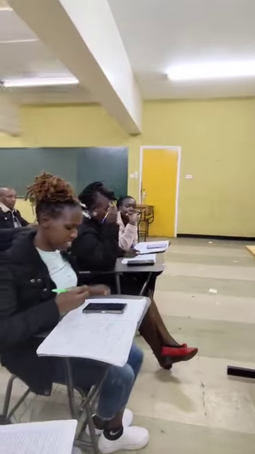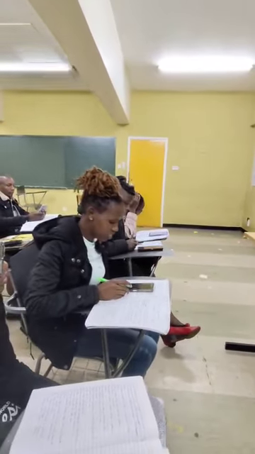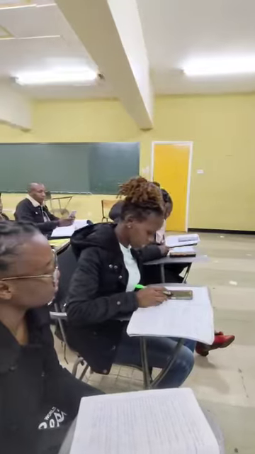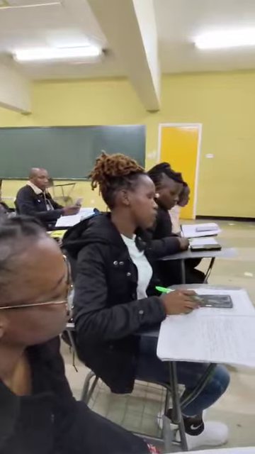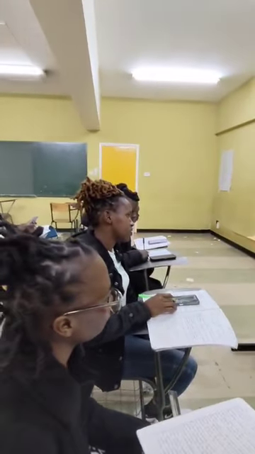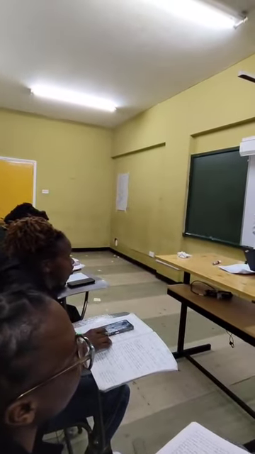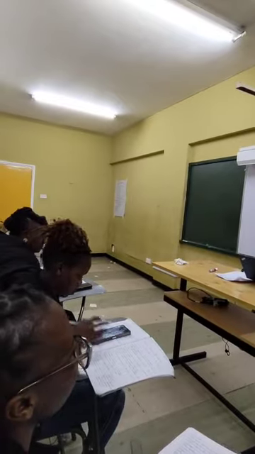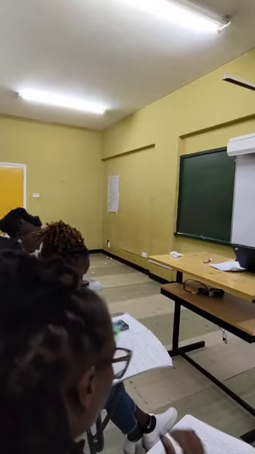A statement of financial position, also known as a balance sheet, is a financial statement that presents a snapshot of a company's financial situation at a specific point in time. Okay, thank you. So a statement of financial position gives us a snapshot of the financial position of a company.